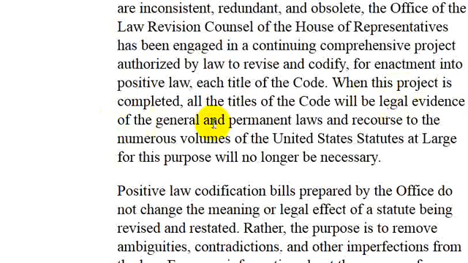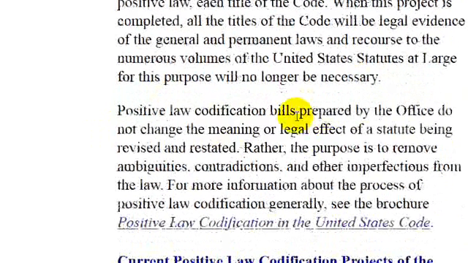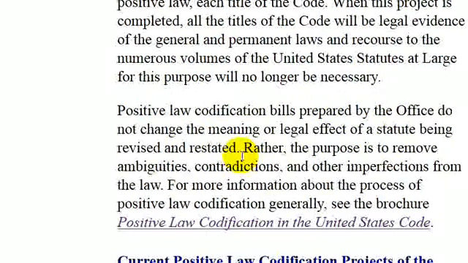So legal evidence of the general and permanent laws and recourse to the numerous volumes of the United States Statutes at Large for this purpose will no longer be necessary. Positive law codification bills prepared by the office do not change the meaning or legal effect of a statute being revised and restated. Rather, the purpose is to remove ambiguities, contradictions, and other imperfections from the law.